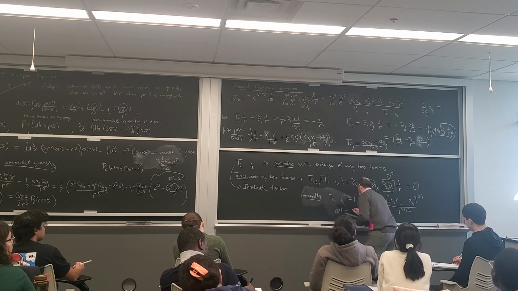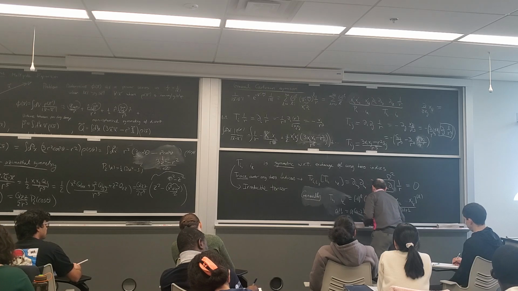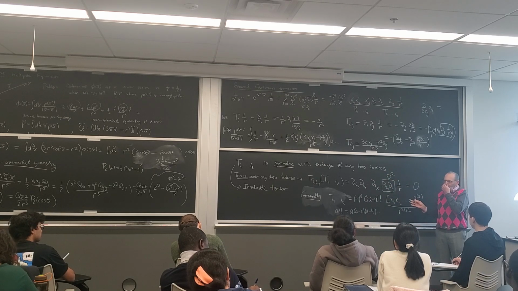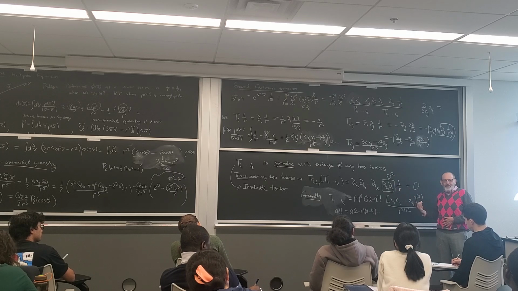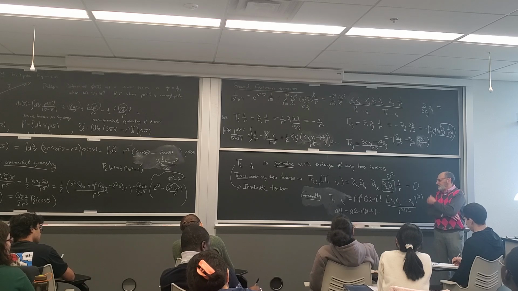A double factorial is a times a minus 2 times a minus 4, dot dot dot. In the same way that factorial is you subtract 1, double factorial means you subtract 2.